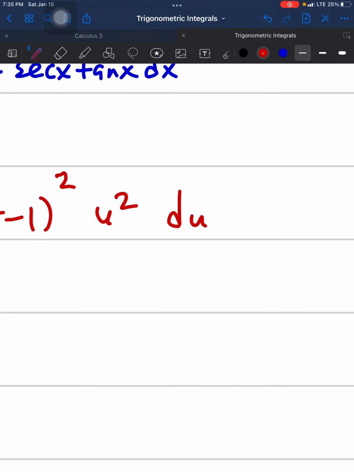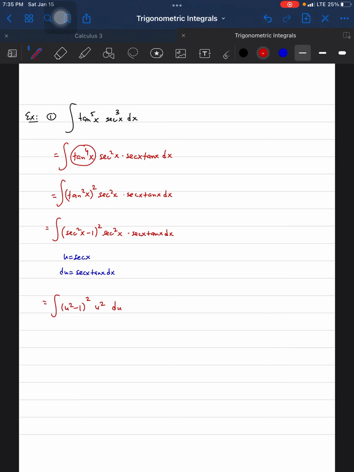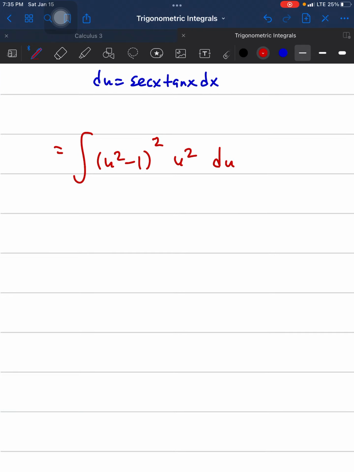Actually no, this is just du, so it's u squared du. So there we go. Now you see how simple that got? This is just going to be another problem where power rule is involved.